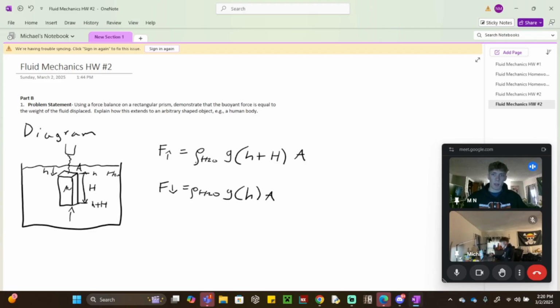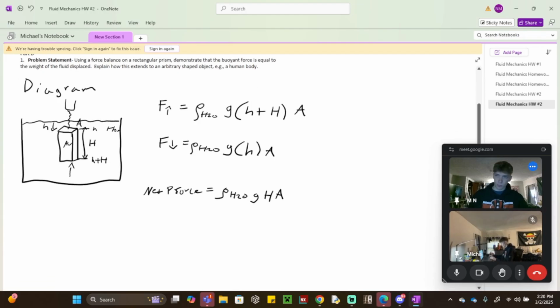So the only difference between the force upward and the force downward is this big H. So we can write that the net pressure force is equal to the density of our fluid times g times big H, the height of our object, times A.